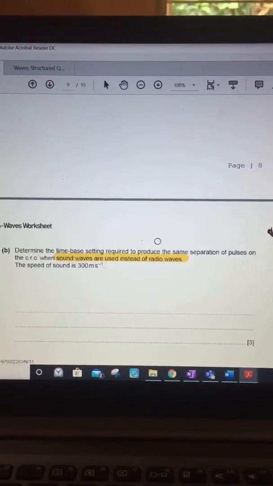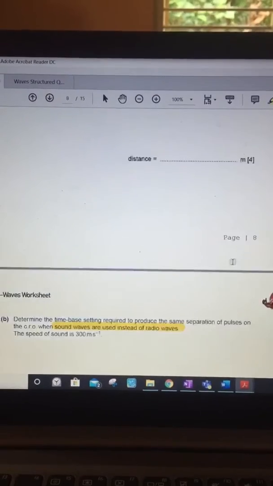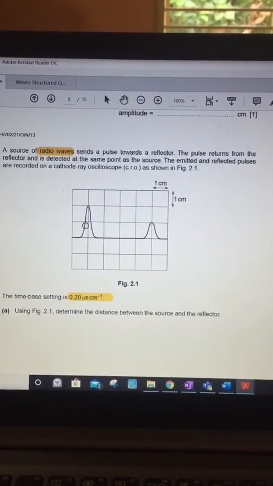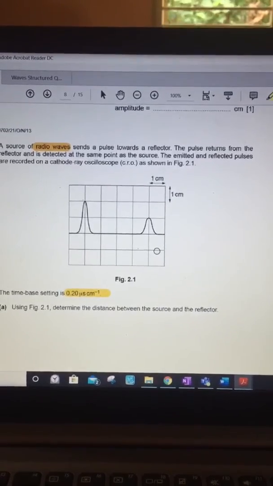The pulses should be separated on the CRO by the same amount, 4 centimeters, so the 4 centimeters should denote the time taken by the sound wave.